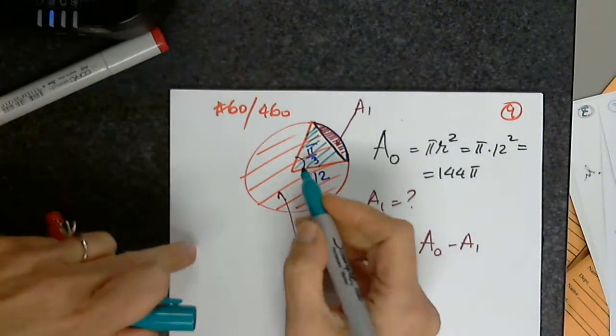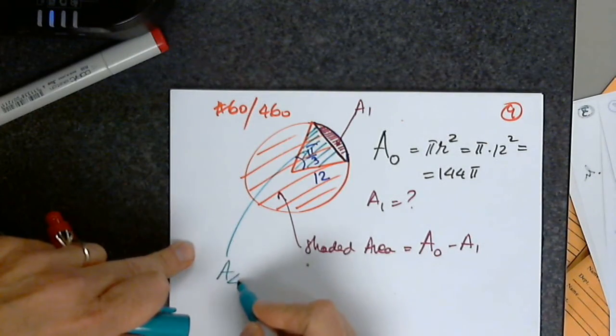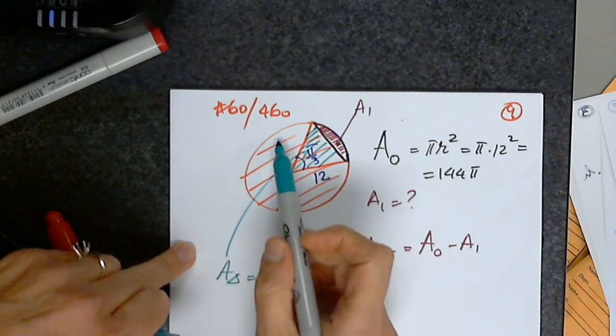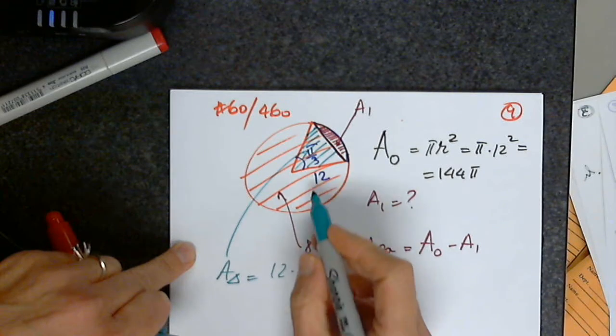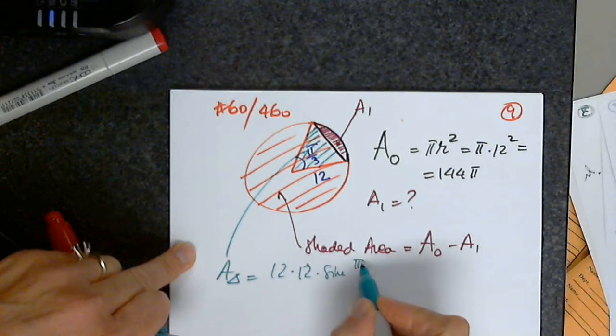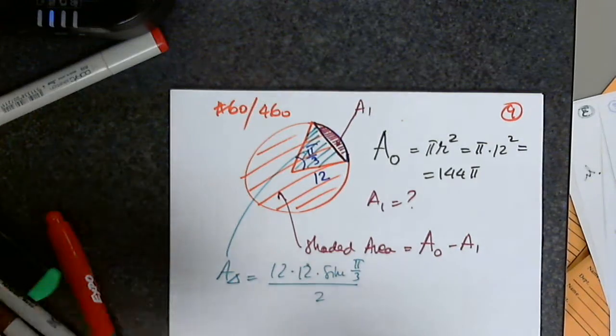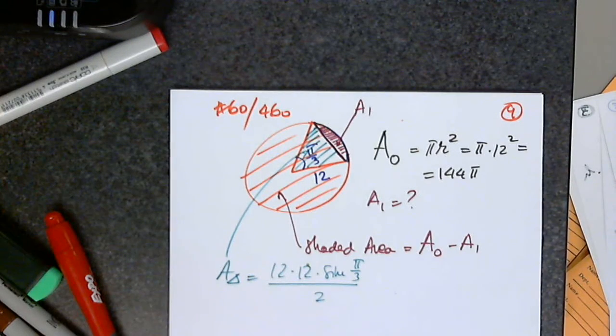So I can determine the area of the triangle as 12 times 12 times sine pi over 3 divided by 2. Good. So I have the area of the triangle.